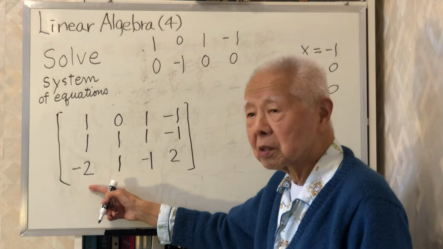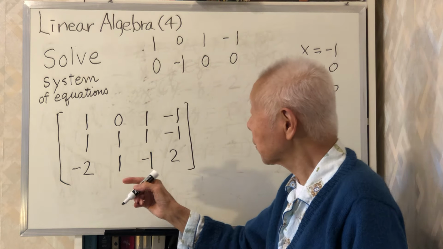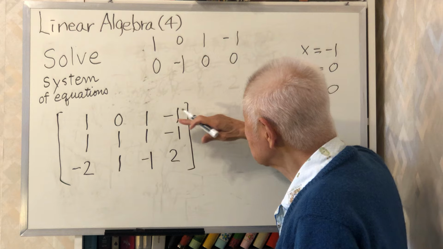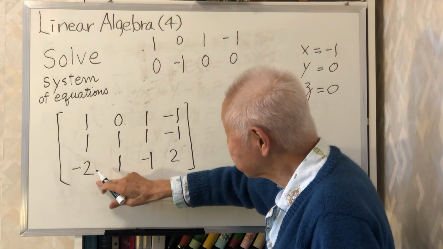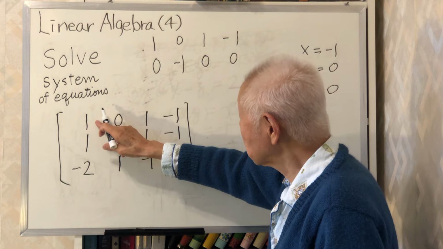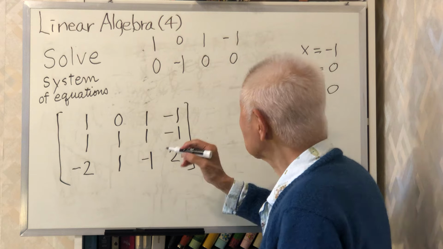I want to make this 0 also. So what I do is multiply by 2 and add this. 2 times 1 is 2. 2 plus negative 2 is 0.